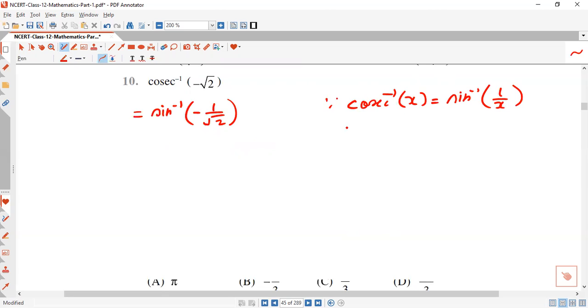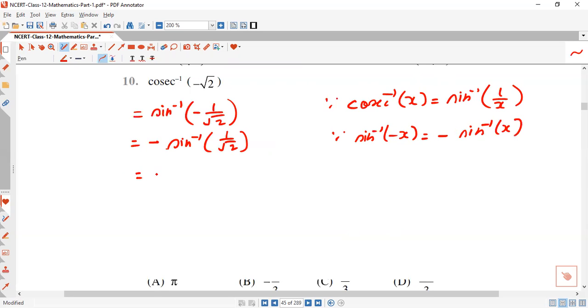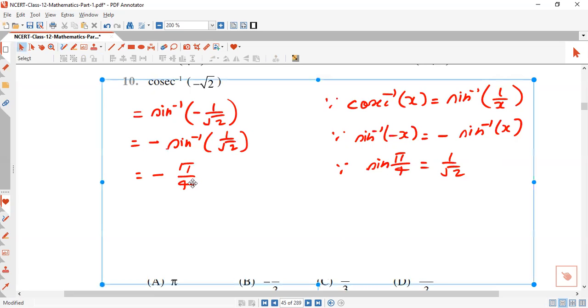Similarly, we can use this formula with minus taken outside, minus of sine inverse 1 upon root 2, since sine inverse minus x equals minus sine inverse x. Put the value: minus sine inverse 1 by root 2. You know sine pi by 4 equals 1 by root 2. So it will come out minus pi by 4. This is the principal value solution of this inverse trigonometric function.